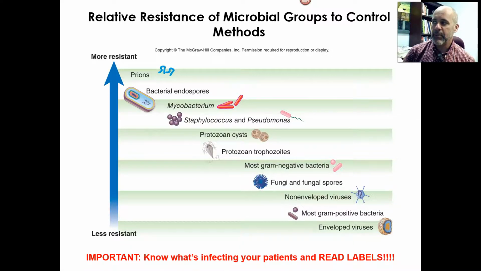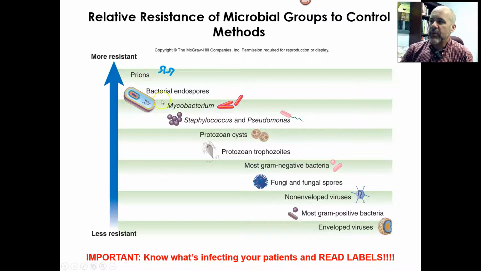So in general, they're pretty easy to control, which is good, because if you think about HIV, for example, as an enveloped virus, it's actually fairly straightforward to control HIV. And think about if it wasn't quite so wimpy. Think about if HIV could persist out on surfaces and so forth for days or weeks, and people could come along and pick up HIV off of a countertop or a toilet seat, things like that. Fortunately, that doesn't really happen for us.